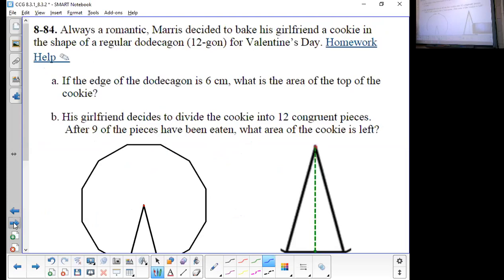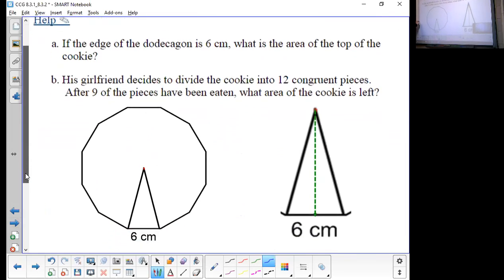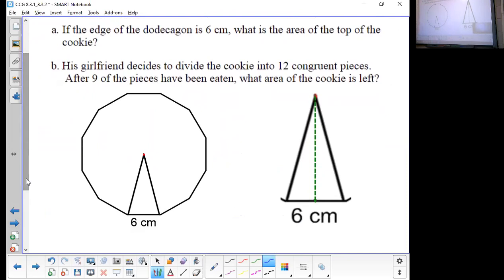Okay, let's talk about the dodecagon one, 884, the dodecagon cookie. We're going to do the same thing as we just did, except instead of a regular hexagon, now we have a regular dodecagon. Let's start by finding my central angle.